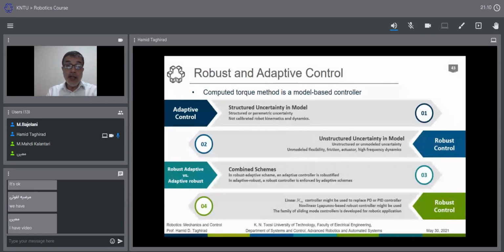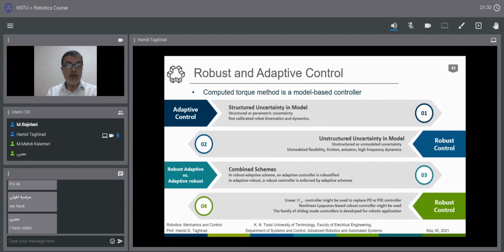Of course, adaptation also has some difficulties, and we should take care of the stability of the system. If we are not converging to the true variables, and there are diverging approaches in the adaptation laws, then we come into a difficult task.